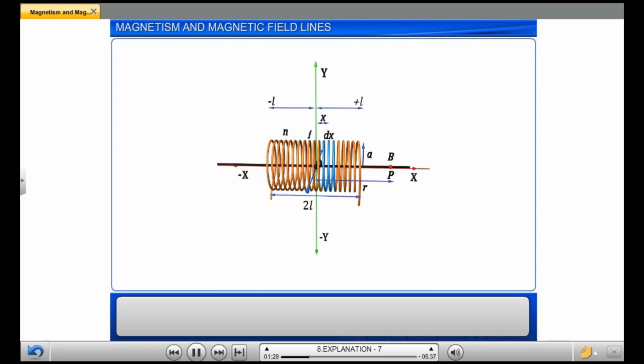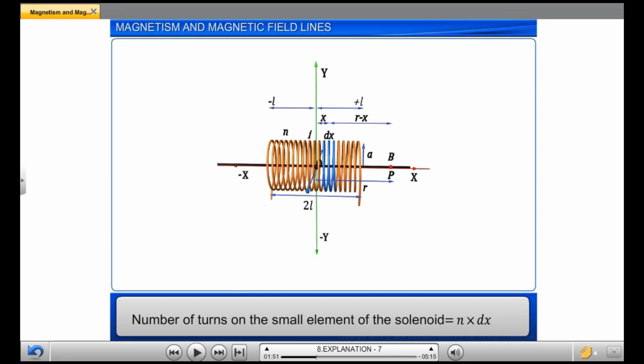Then the distance of the point P from the small element is r minus x. As n is the number of turns per unit length, the number of turns in the small element is equal to the number of turns per unit length times the length of the element, that is, n dx.